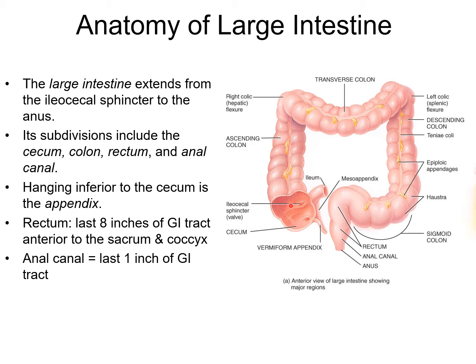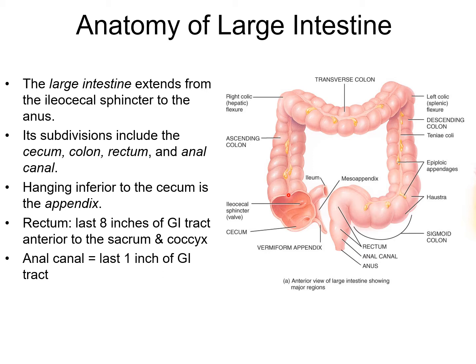Anatomically speaking, the large intestine has its own parts to it. If you remember, the small intestine had the duodenum, jejunum, and ileum parts to it. The large intestine has the cecum, this pouch-like area here.